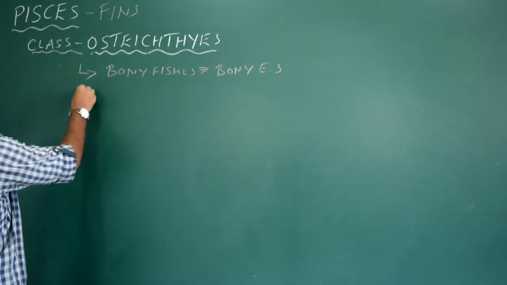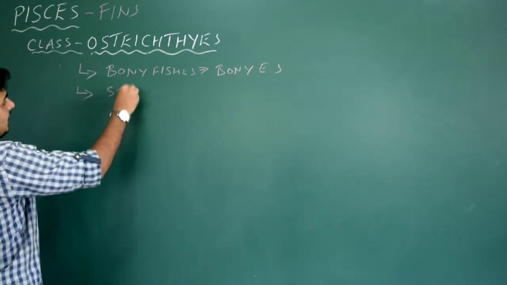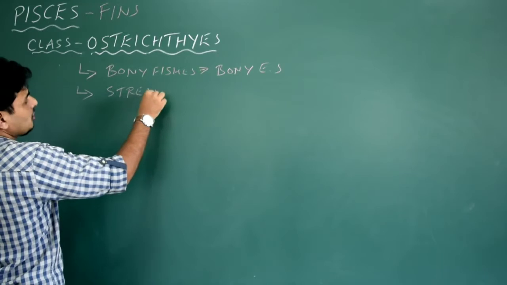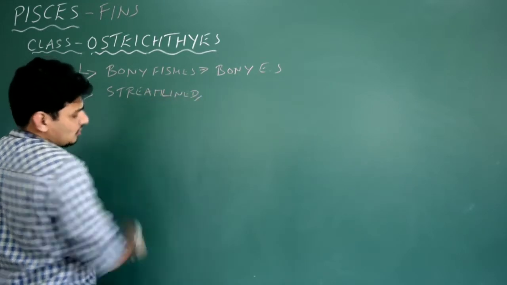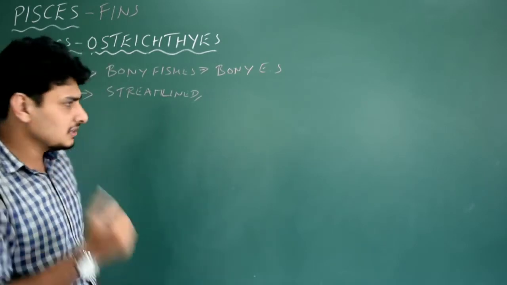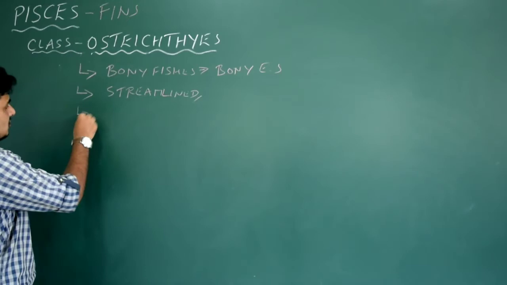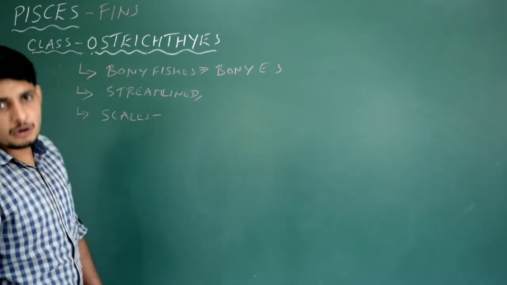The next is we go with its body shape. The body is streamlined, similar to Chondrichthyes itself. Another important thing is the scales. In this case, they are not placoid scales.